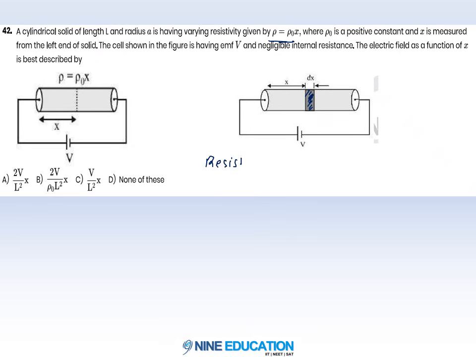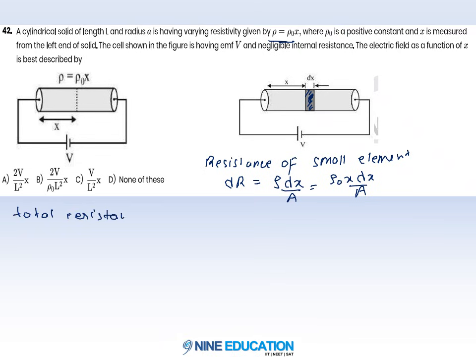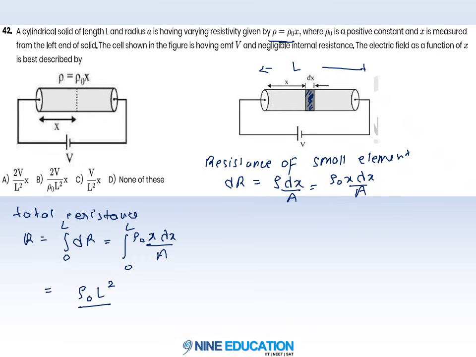Resistance of a small element: we know resistance is rho L by A, where L is dx and rho is rho naught x. So dR is rho naught x dx by A. The total resistance becomes the integration of dR from 0 to L. This length is L. So put the values: rho naught x dx upon A, integrated from 0 to L. From here we will get rho naught L square upon 2A.